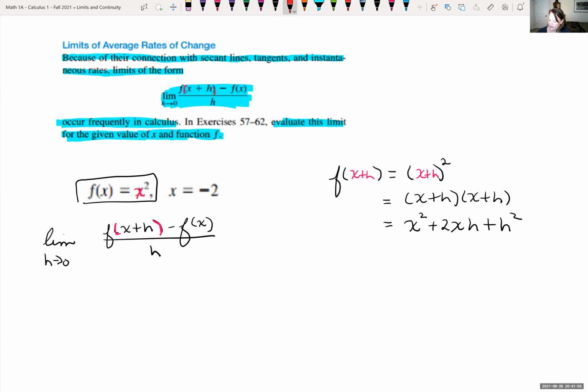If you're looking at the next piece, minus f of x, well, all you're doing is distributing -1 to your f of x terms. And so all this is -1, right, all times f of x, which is x squared.